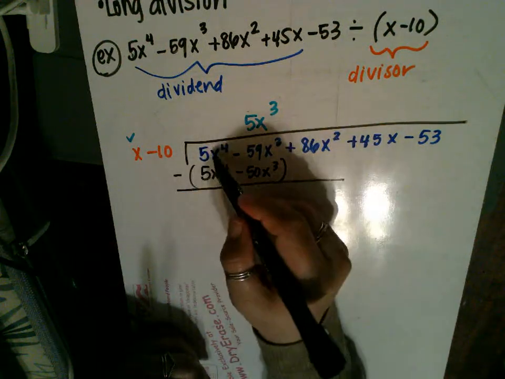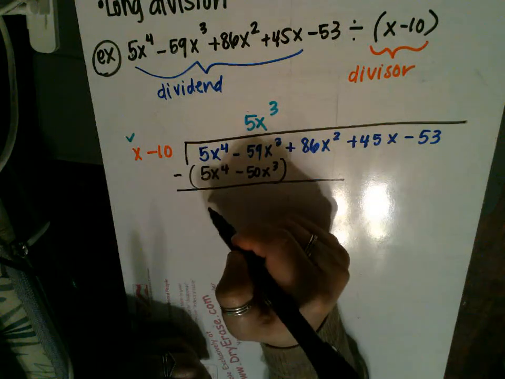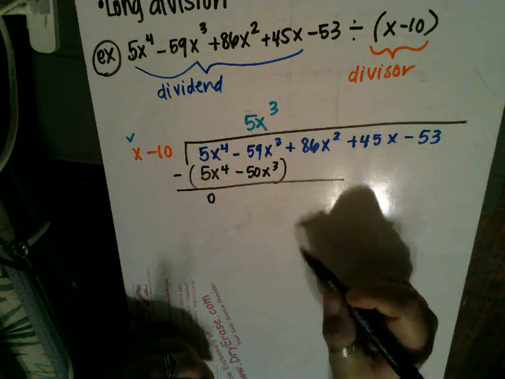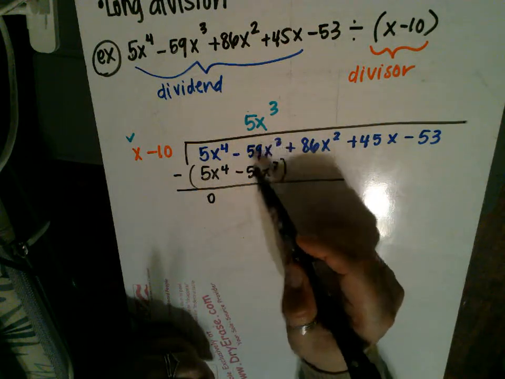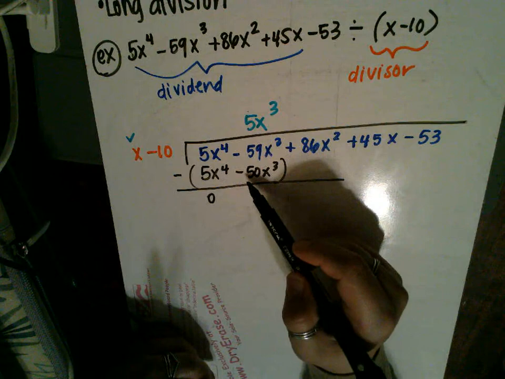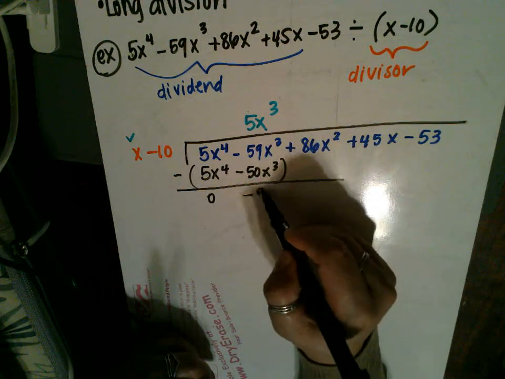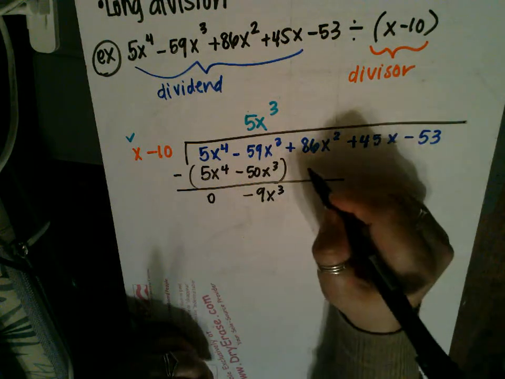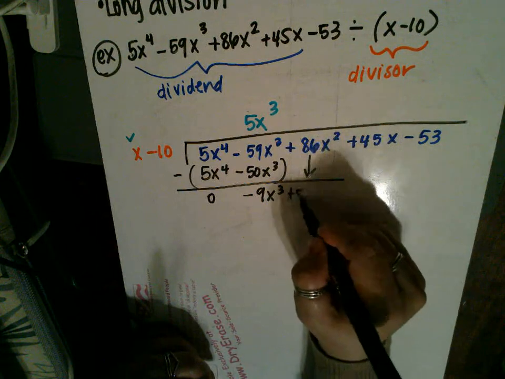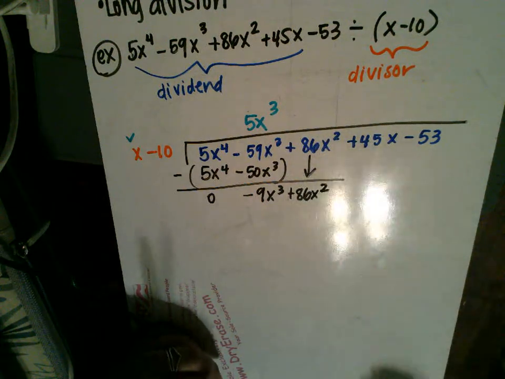Subtract. 5x to the fourth minus 5x to the fourth is nothing, 0. That's exactly what I wanted. Negative 59x to the third minus or plus 50x to the third is negative 9x to the third. And drop down my next term, 86x squared.